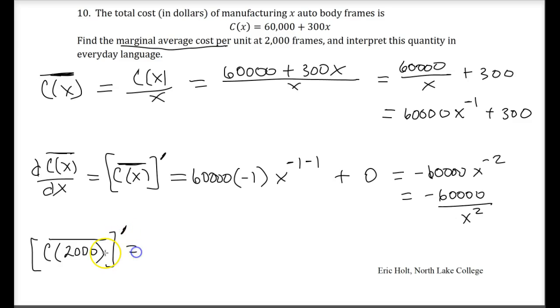Now all we have to do is plug 2,000 into this function: negative 60,000 over 2,000 squared. If we compute that, it turns out to be negative 0.015. Since this is cost, that's in dollars.